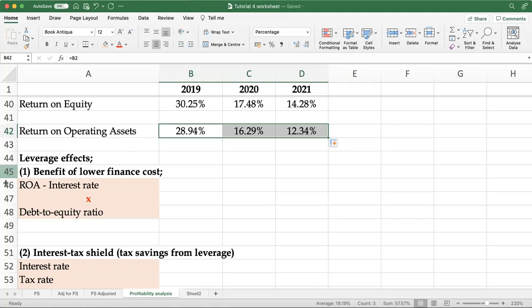Right. Then you calculate the leverage effect. We need the borrowing cost rate, the interest rate.